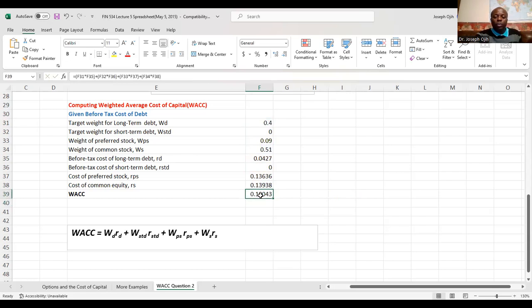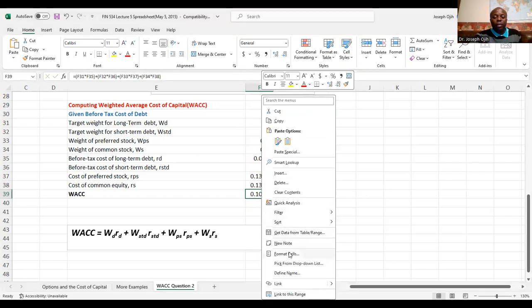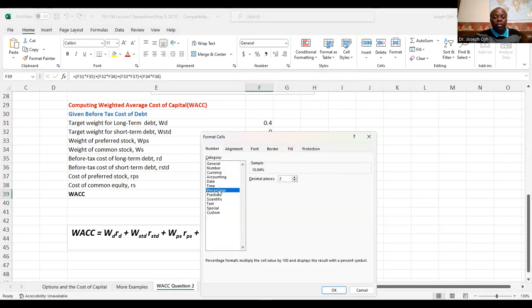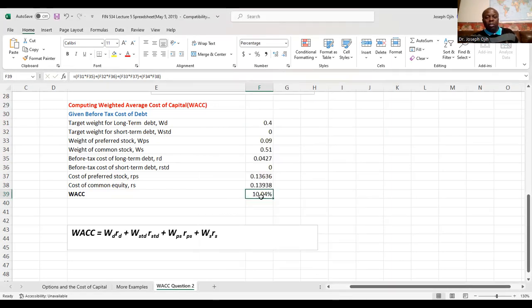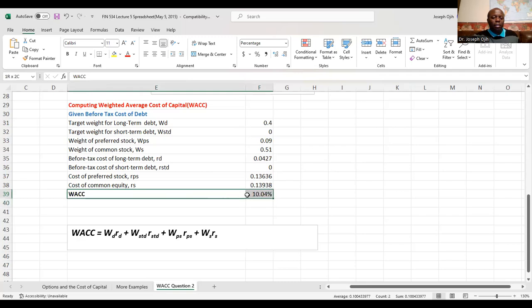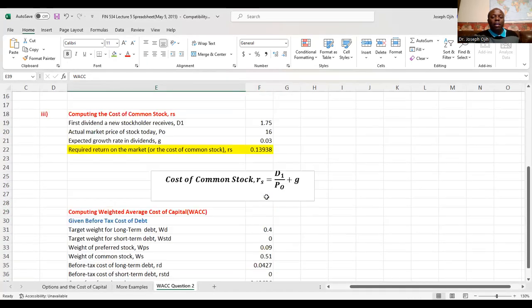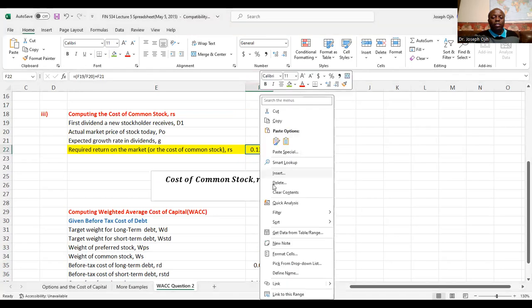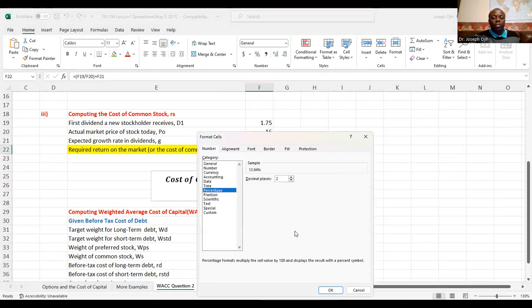I'm gonna change it to percent. Right click, format cell, choose percent. You can also get it from the top here, where you can just click on the percent. So I'm going to highlight it with a different color, maybe light green, 10.4%. Now I can convert all these calculations to percent. Format this, choose percentage.